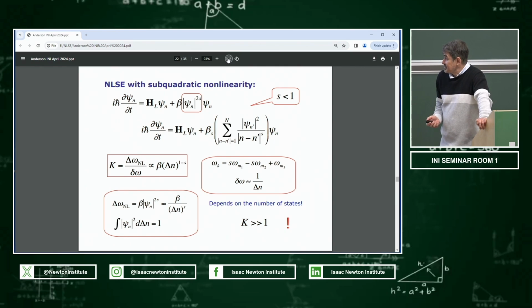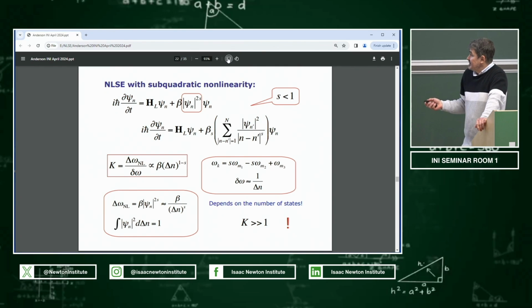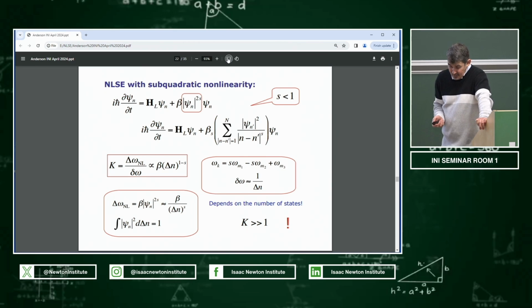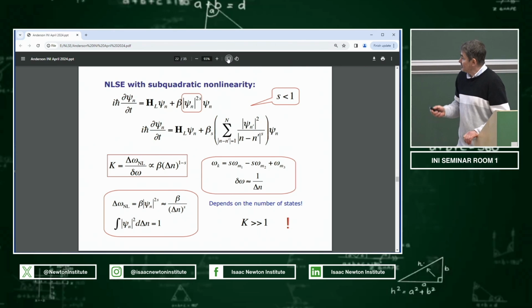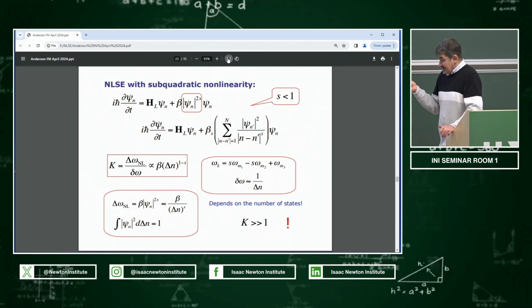And this makes the difference. We basically obtain a spreading which is driven internally. Just anticipating our result, it results in Levy flights. You don't have Levy flights in a quadratic model, but you are going to get them in this subquadratic model.